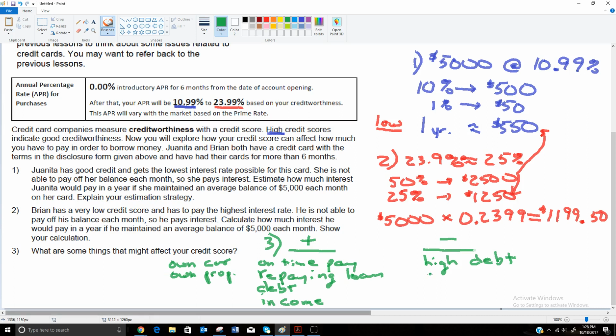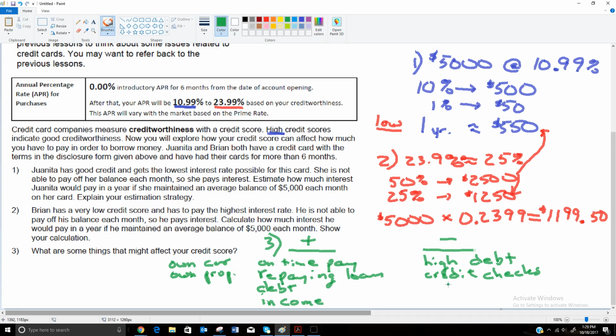Some other things that affect it, one thing that affects it is if you have lots of credit checks on your account. You don't want to do any more credit checks than you have to, because it actually can affect your credit negatively, believe it or not. There's actually two different types of credit checks. There's a soft check and a hard check. When they do a soft check, that doesn't affect it. That's where they just kind of peek at it.